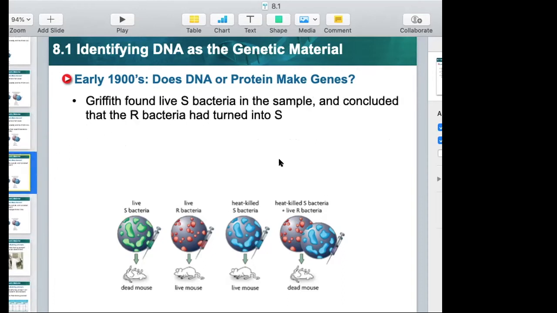So Griffith found living bacteria that was S in the sample.